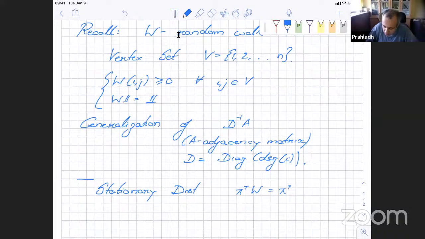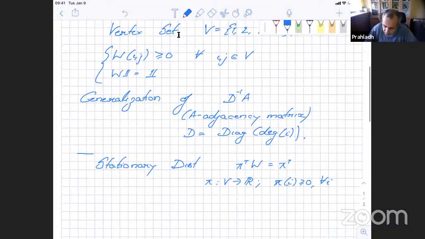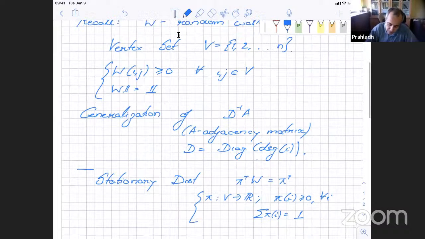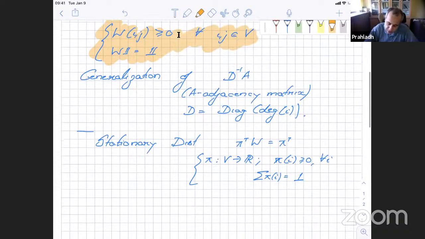Pi is a probability distribution, a vector from V to R, with pi of i greater than or equal to 0 for all i, and summation of pi i is 1. This was the random walk matrix definition, and this is the stationary distribution.